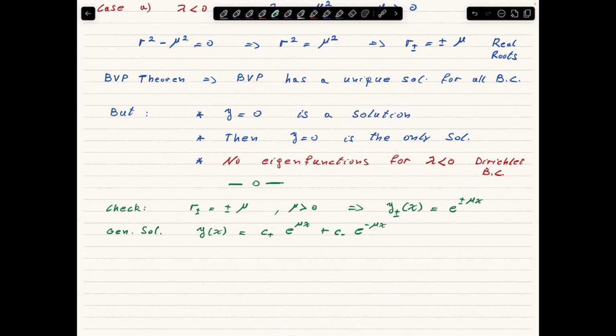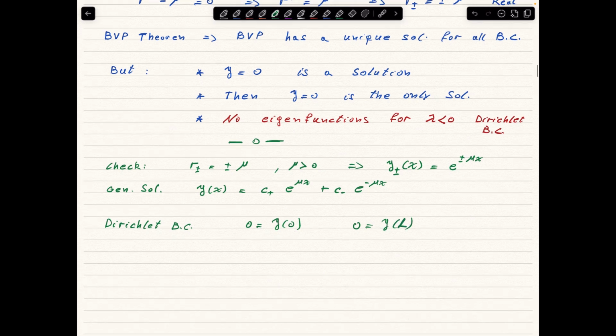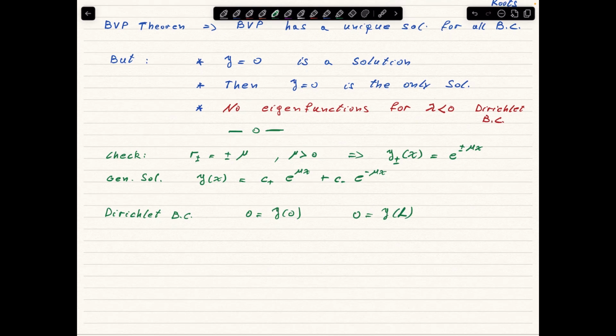Okay, and now we have the Dirichlet boundary conditions, which are: 0 has to be the value of the function at 0 that we are looking for, and 0 has to be the value of the function at another point L. Alright, let's write down the first boundary condition. 0 is the value of the function at 0, but we have the general solution, so what is that going to be equal?